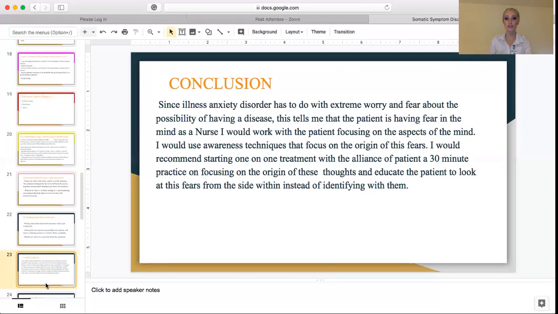I would recommend starting in one-on-one treatment with the alliance of the patient, of course, a 30-minute practice of sitting and looking at these thoughts that are coming. And instead of identifying with these thoughts and feeling extreme sadness or anxiety, being able to look at them from the side, like watching a movie.